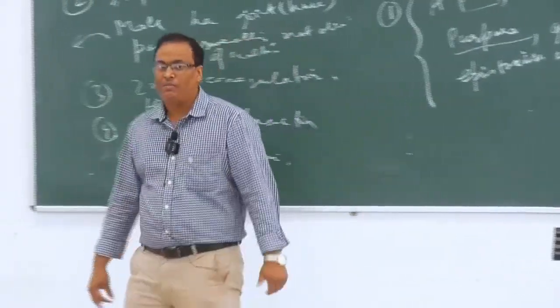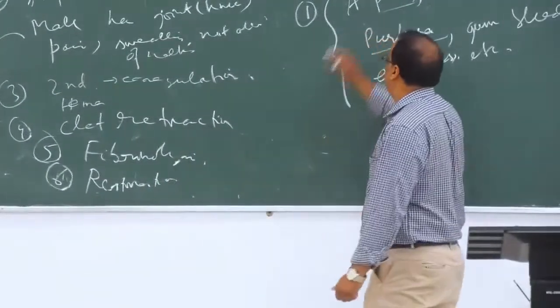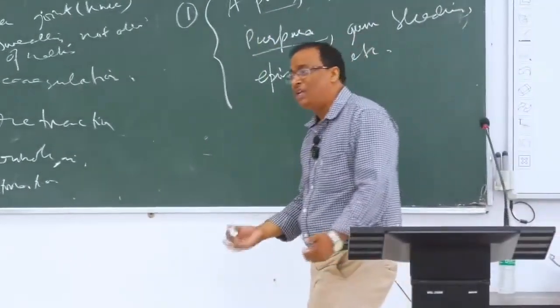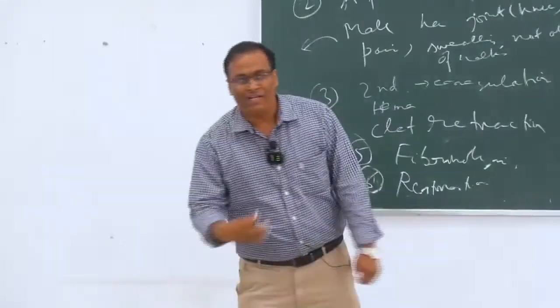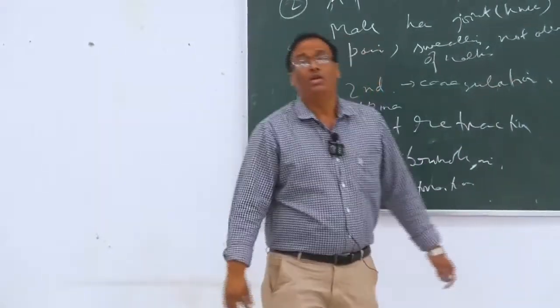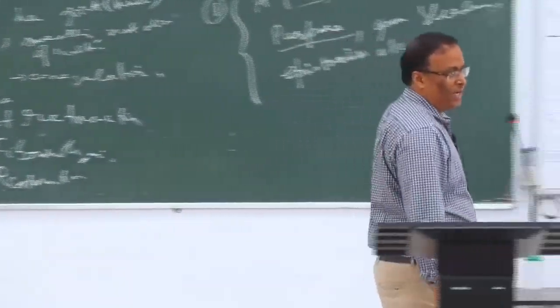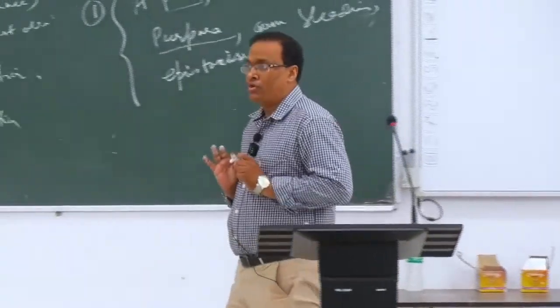Hemophilia is mainly male dominant and X-linked. These patients may have many things, that may be ITP, immune thrombocytopenic purpura, or other viral illnesses may cause such a low platelet count.